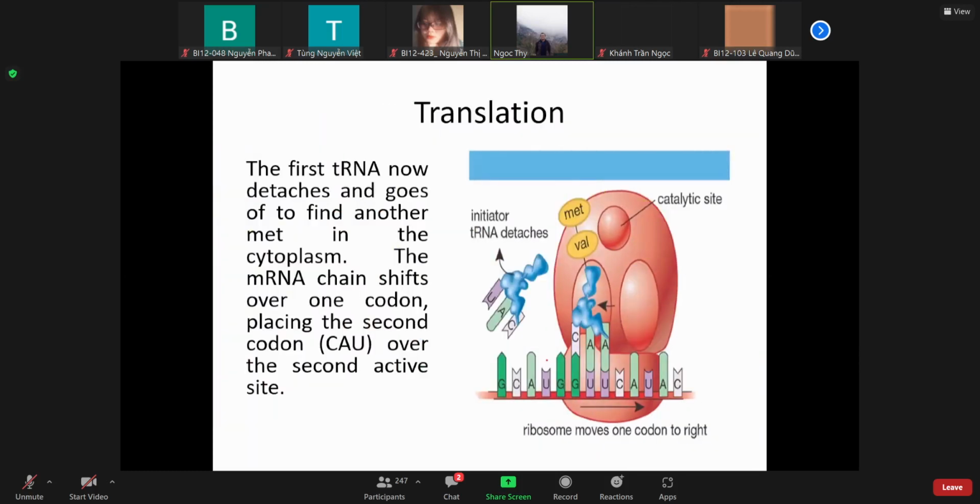Okay, and another tRNA comes and fills the second position, and so on.